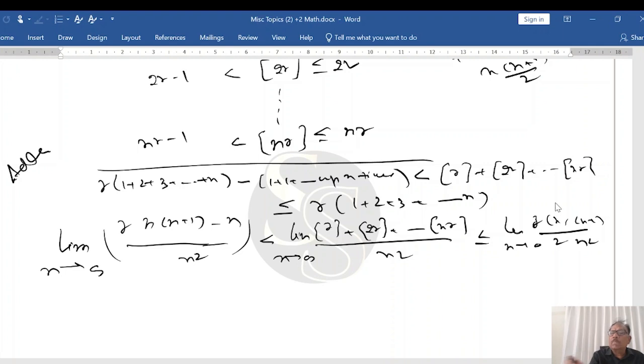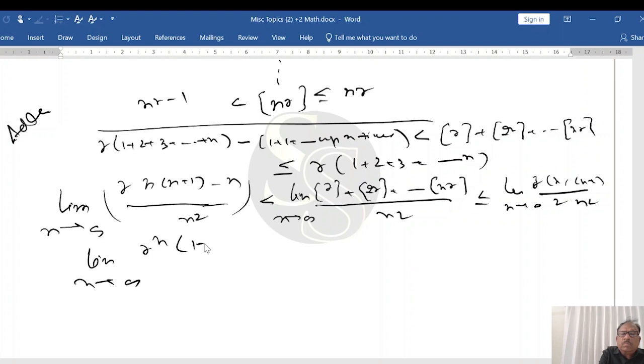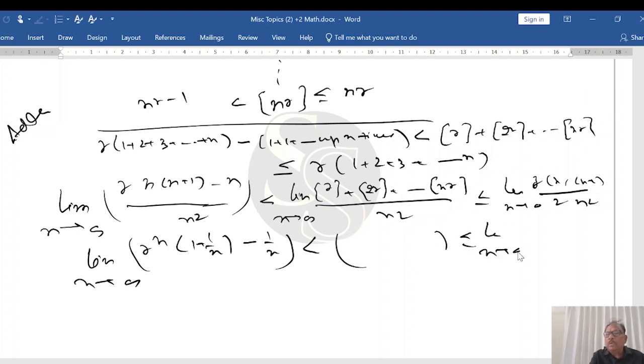Right? Now, limit n tends to infinity of r n square into 1 plus 1 by n, by 2 into n square.